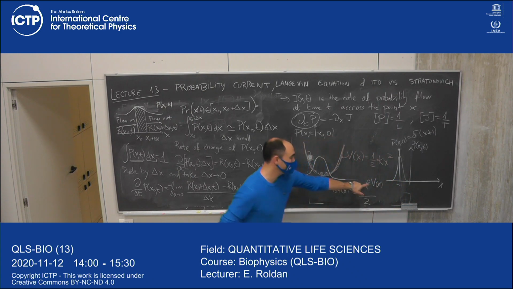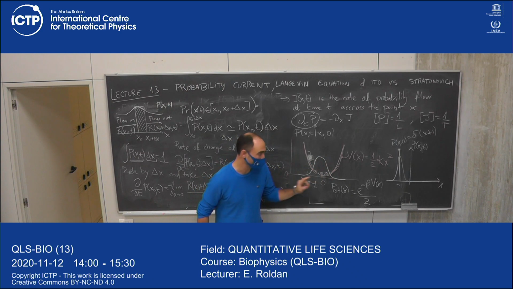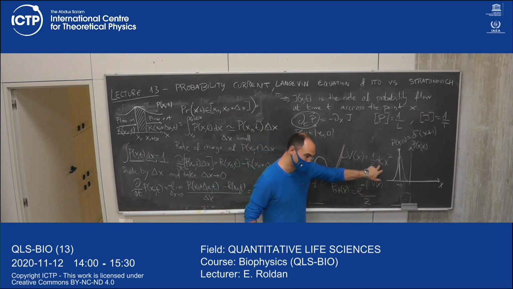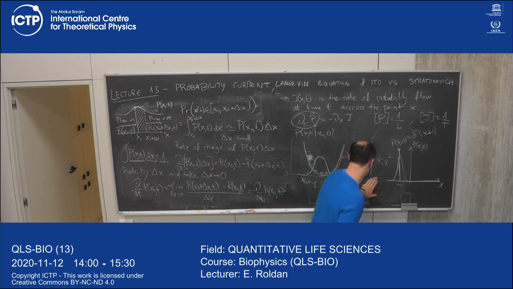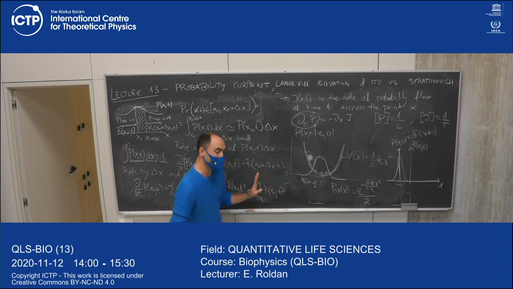But V is a parabola. So if we put this formula here, we have a parabola. This will be V equal to kappa x squared divided by 2. Gaussian. You're right. But be very, very careful.